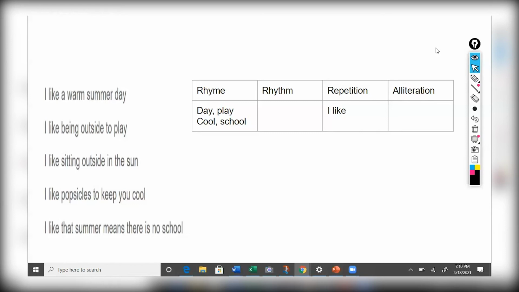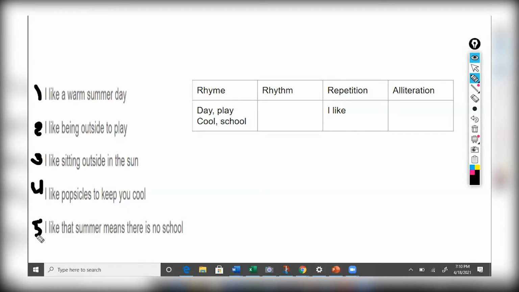And what about alliteration? Did you hear any sounds repeated? Let's look at the lines. Here was line 1, 2, 3, 4, and 5. There were 5 lines in this poem. In the third line, I like sitting outside in the sun.